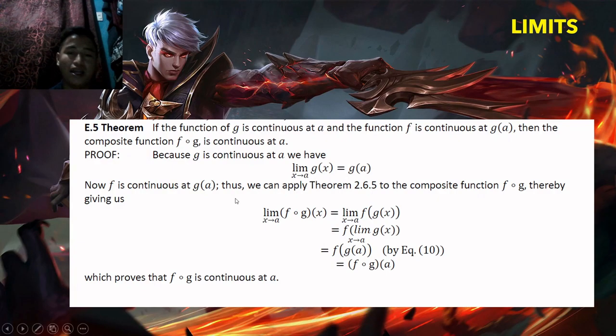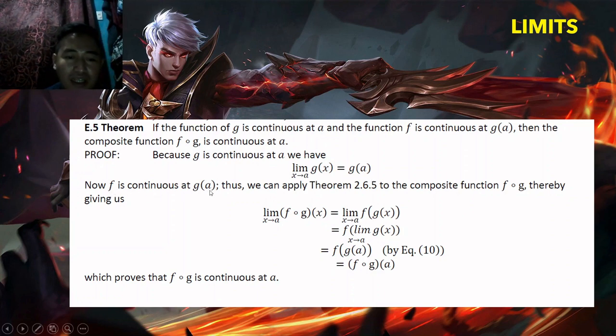Okay, this next one. If the function g is continuous at a and the function f is continuous at g(a), then the composite function f composed with g is also continuous at a. Because g is continuous at a, we have the limit of g(x) as x approaches a is equal to g(a).